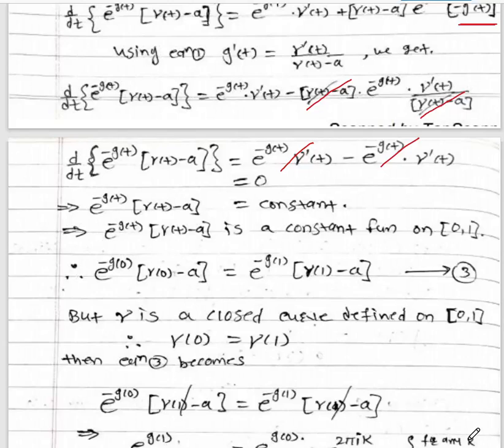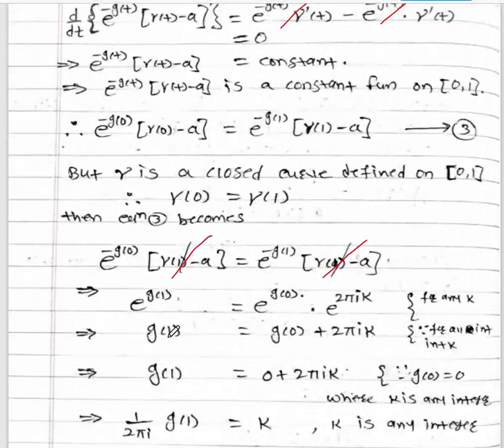But gamma is a closed curve defined on interval 0 to 1. Okay, so therefore gamma of 0 equal to gamma of 1. Then the equation number 3 becomes e raised to power minus g of 0 into gamma of 1 minus a equal to e raised to power minus g of 1 into gamma of 1 minus a. So this term will get cancelled on both sides.